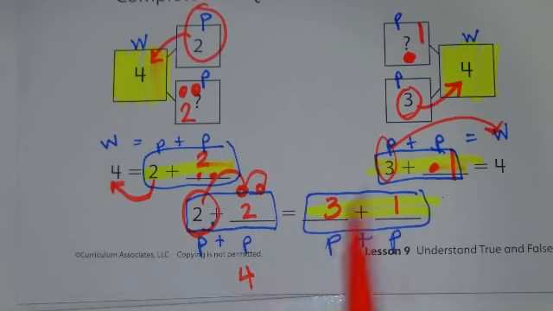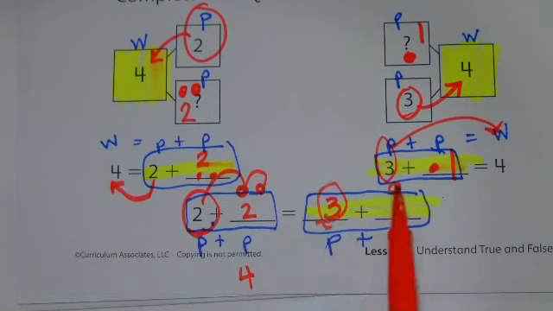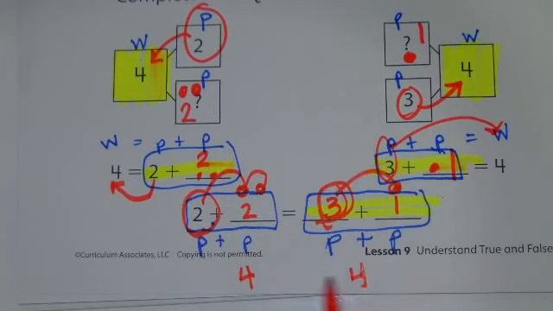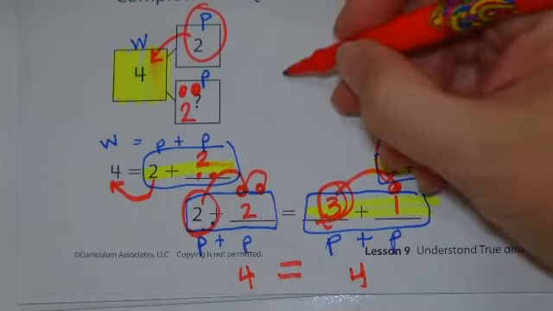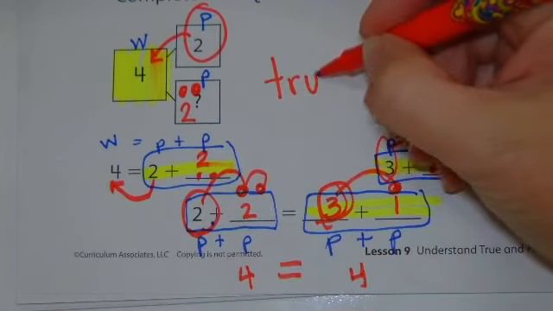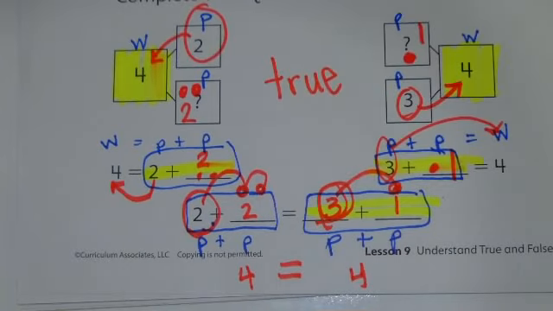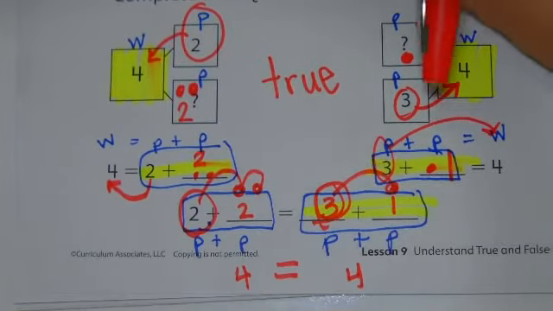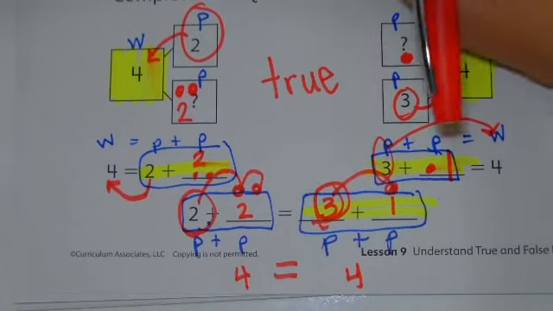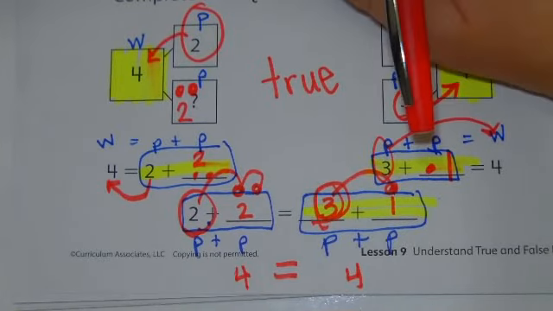So here I have 4. 3 plus 1 more. 3, count on, 4. Is 4 equal to 4? Yes, it is a true statement. Remember, every time I write, I want you to write also, okay? Great job.